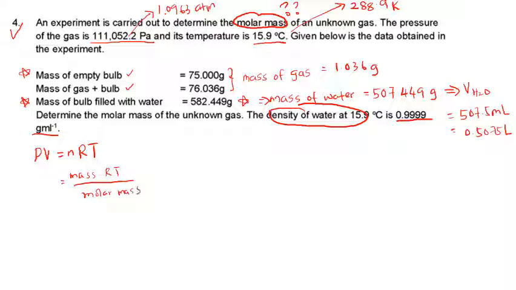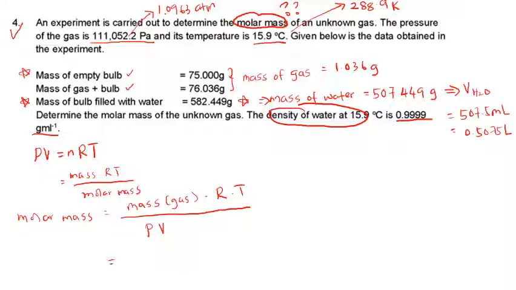After that we rearrange. If we want to know the molar mass of the gas, we use the mass of gas multiplied by the gas constant and the temperature of the gas, over the pressure and also the volume of the gas.